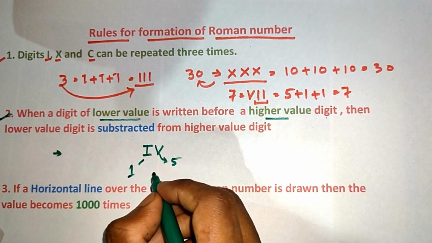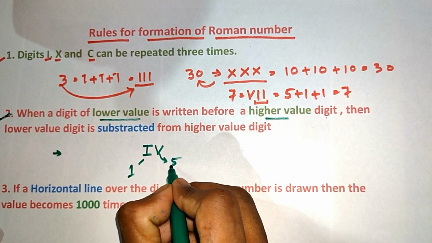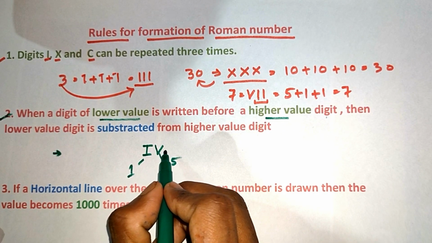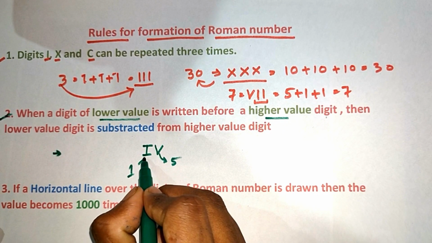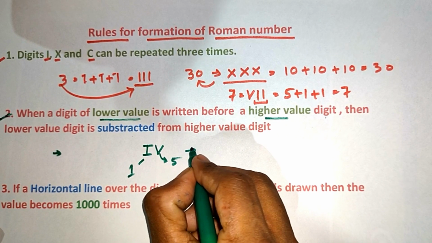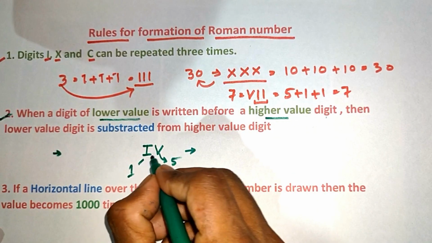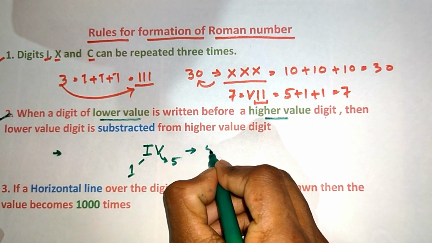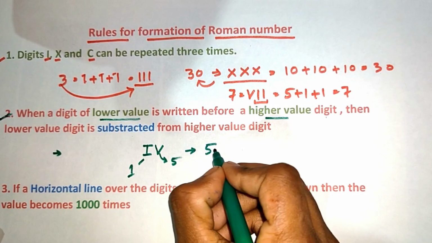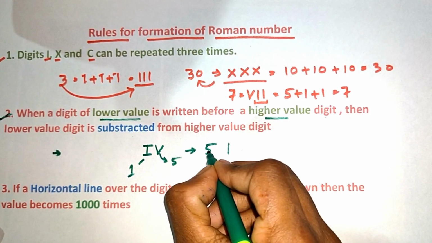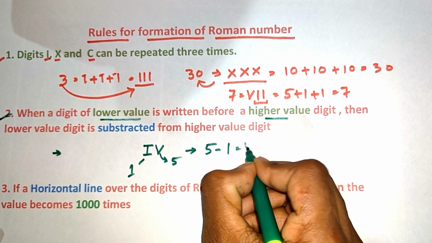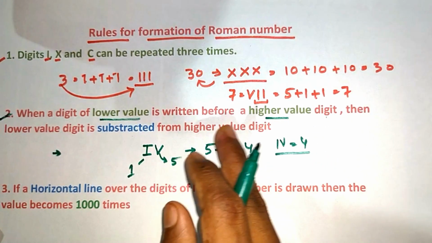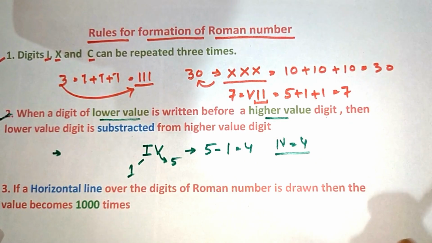So we can see here that V, which is 5, is written after I. That is, before a higher value, we have written a lower value. In this case, we have to subtract this lower value from this higher value. So the value of V is 5 and the value of I is 1. We subtract 1 from 5 and we get 4. So IV represents 4. This is the example of rule 2.